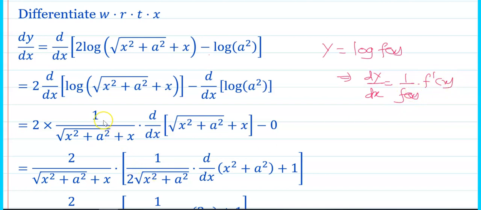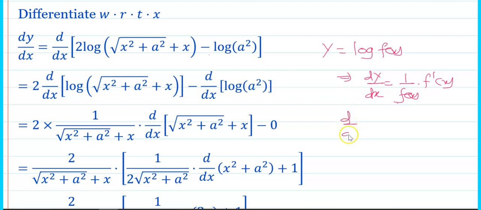Okay, this is y is equal to, as it is, the function root of x square plus a square plus x, into d/dx of this quantity, d/dx of root of x square plus a square plus x. The derivative of a is 0. That is 2 upon 1 into 2 root of x square plus a square plus x into d/dx of root of x. What's the derivative of root x?